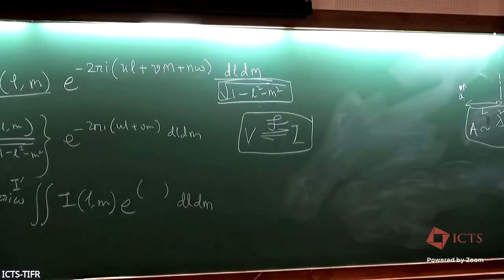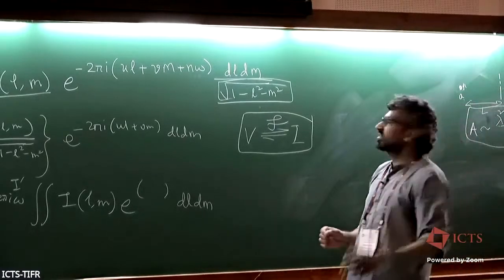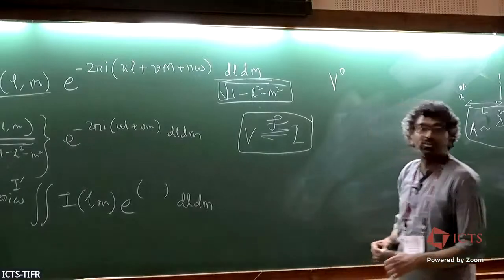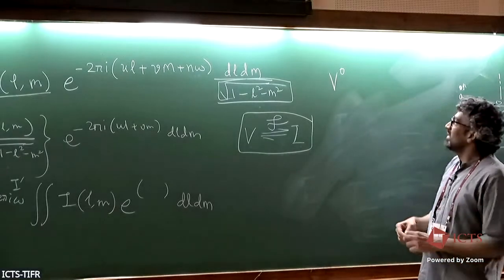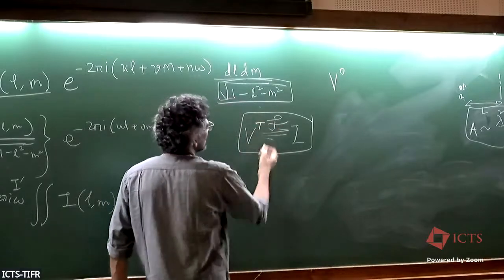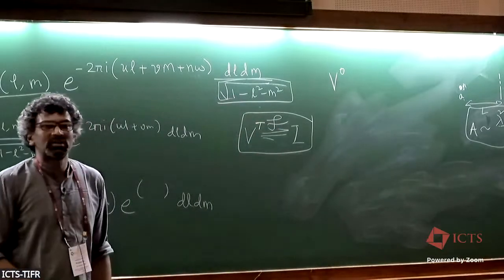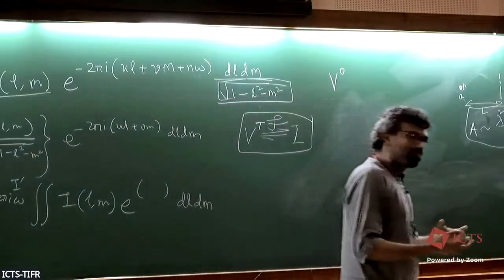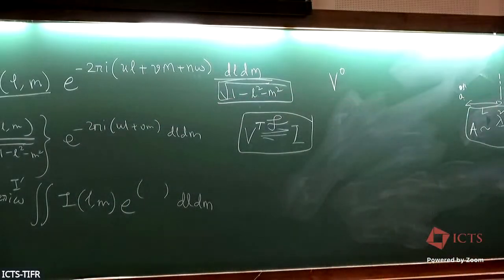Which means that in reality, the data set that you have been given, we'll now call the observed visibility, to distinguish it from what we call the true visibility. So true visibility and observed visibility are different. They have been modified because of your instrument.